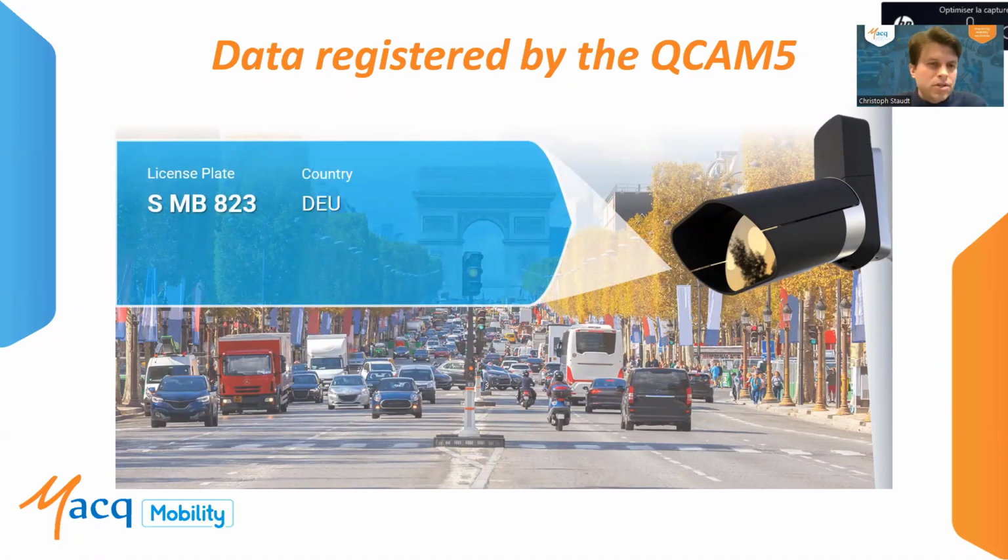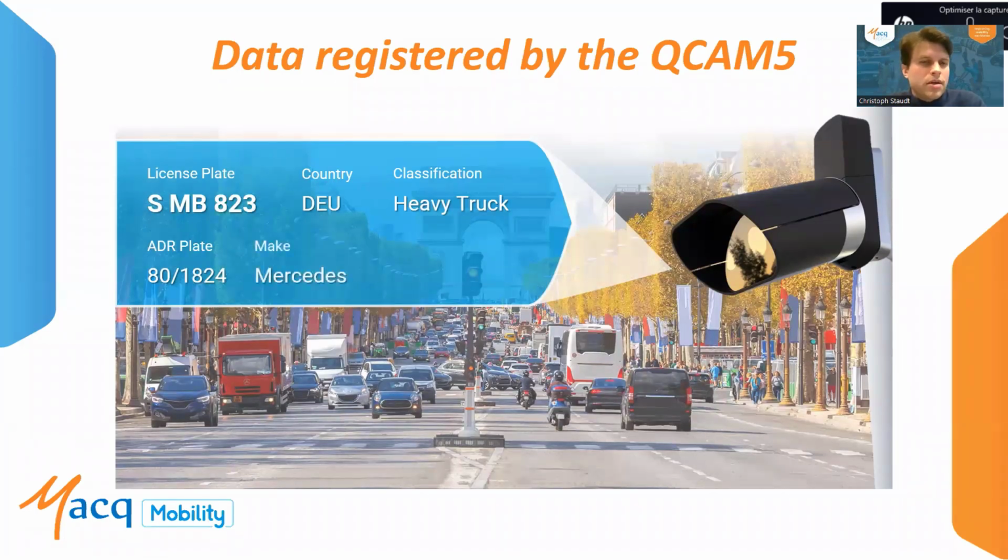Here on the picture I take the example of the red truck on the Champs-Élysées in Paris. So the country code, then the classification, here, of course, the heavy truck. Then the ADR plate. ADR plate is the orange plate in front, which you can see on the red truck below. This indicates if there is a hazardous liquid inside this truck.